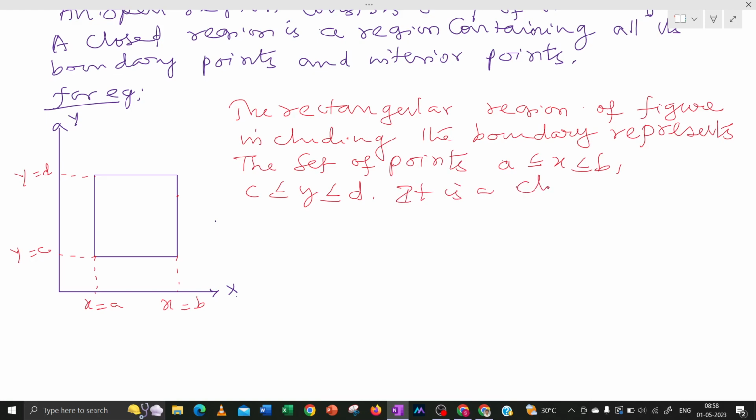Whereas if it contains only the interior points, it is called the open region.